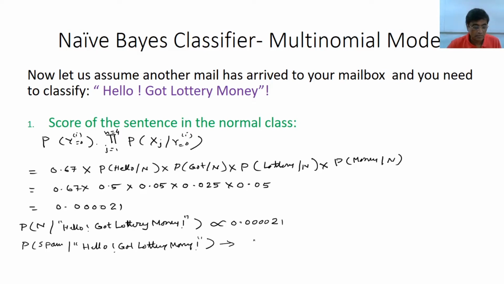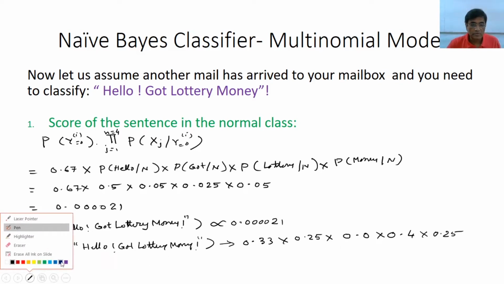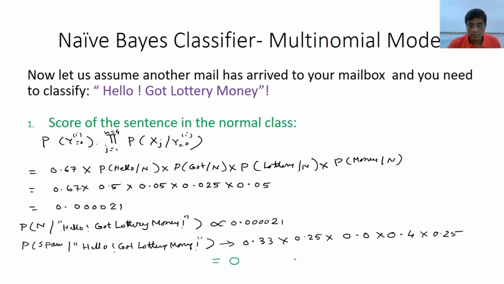If you calculate, it will be 0.33 times 0.25 times 0.0 times 0.4 times 0.25, which equals 0, due to the presence of this term.